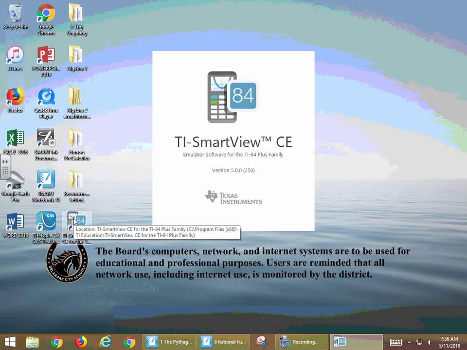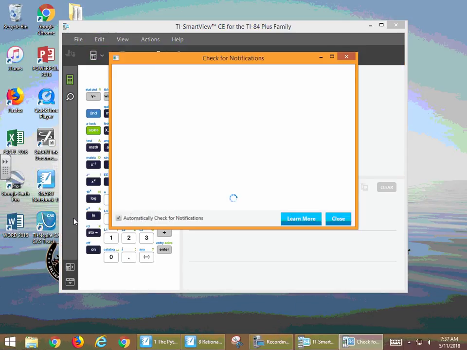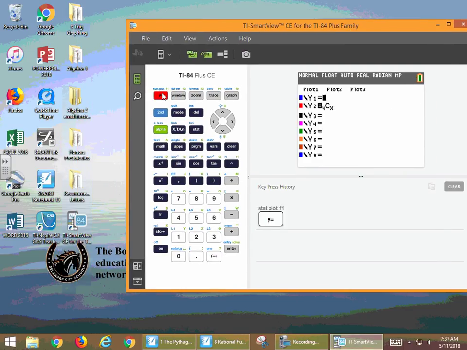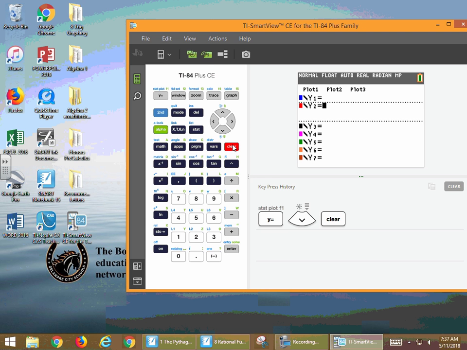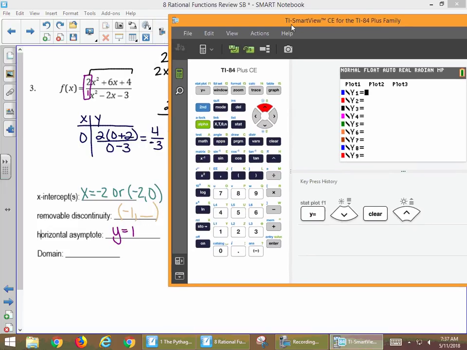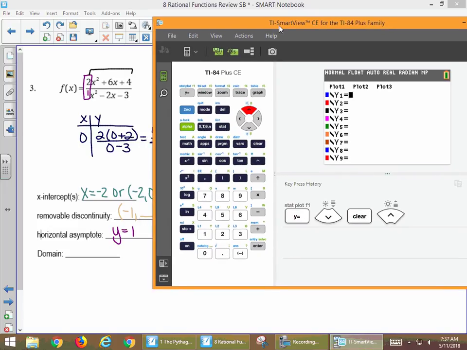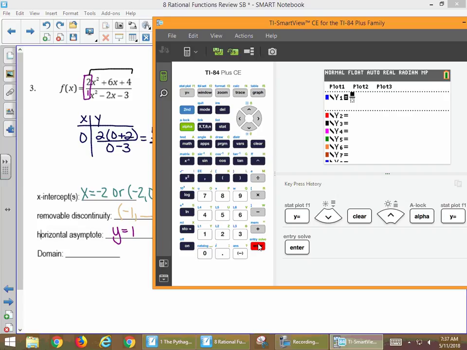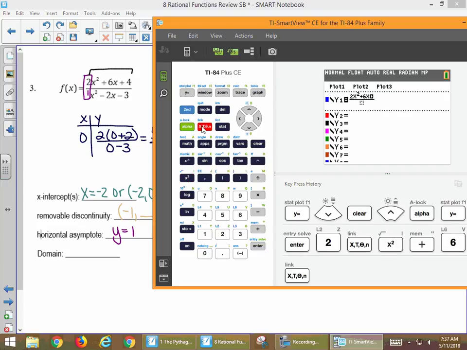When I'm graphing on my calculator, I'm going to put in the original function even before I factored, and I'm going to enter the reduced fraction so that I can get the y value of that removable discontinuity. So the first guy I'm entering here, 2x squared plus 6x plus 4.